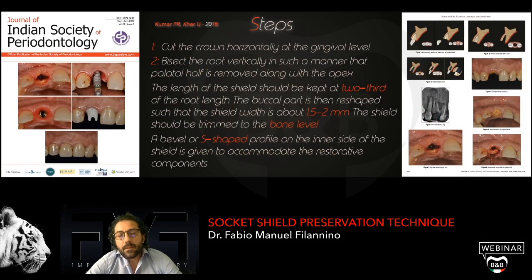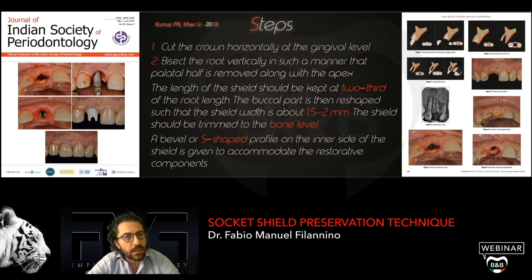One of the most recent articles is from my friend Udatta Kher and Dr. Kumar, and is from the Journal of Indian Society of Periodontology. Here we have an example, and all the steps that we have to follow to perform this technique are very well described.